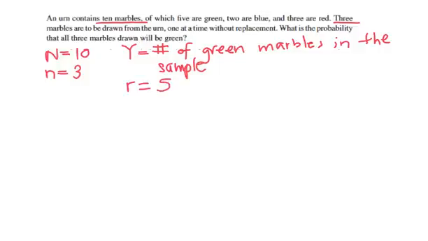So again, you should remember that this y should match the r. If you define y as the number of blue marbles, then r is the total number of blue marbles in the population. And now you want the probability that y equals exactly 3 marbles drawn within the sample.